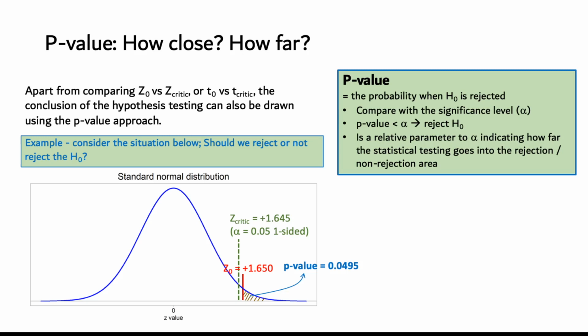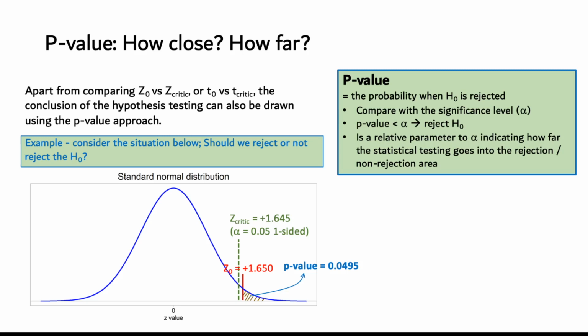This relates to the strength of the evidence against the null hypothesis. Furthermore, stating the result this way imposes the predefined fixed level of significance on other users of the information.